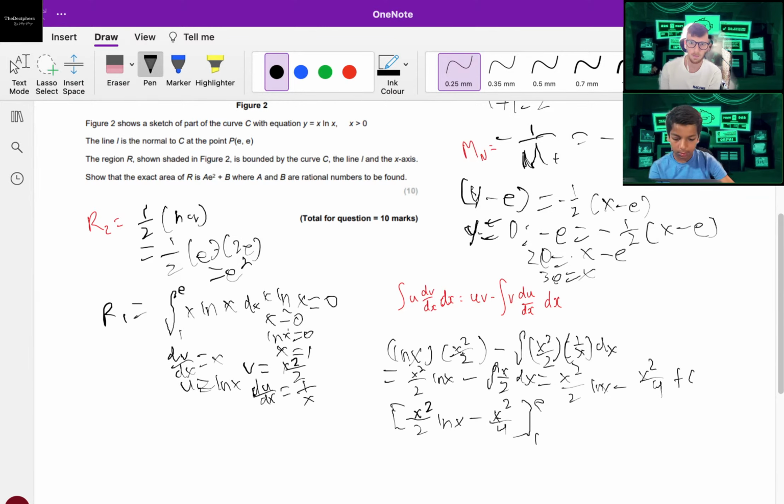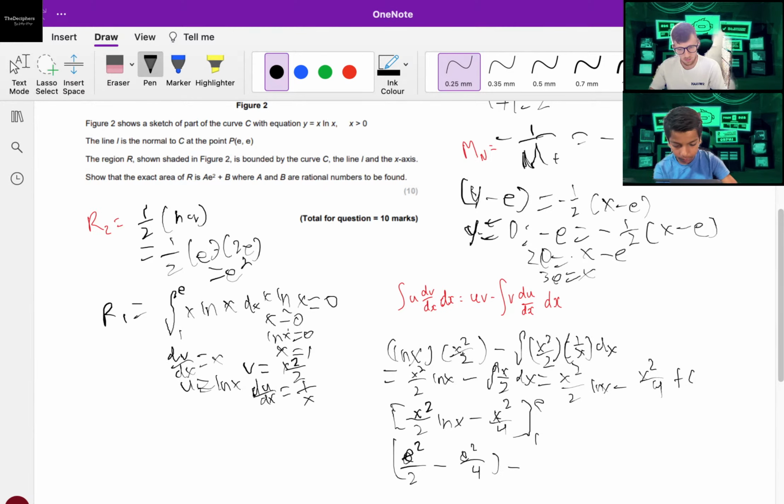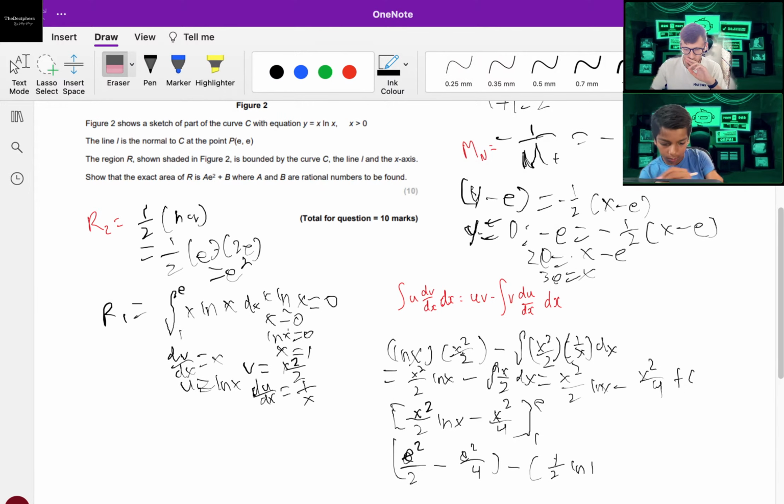So that is e squared into ln e, but ln e is just 1, so e squared into minus e squared in 4, and then for 1 it's a half ln 1, which is 0. Half ln 1.